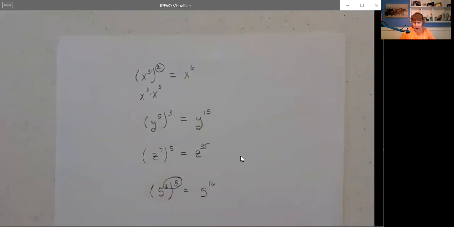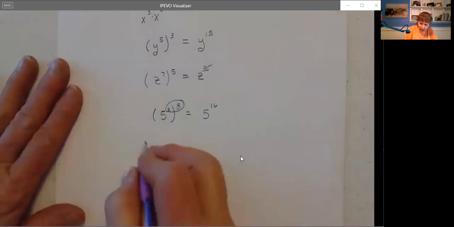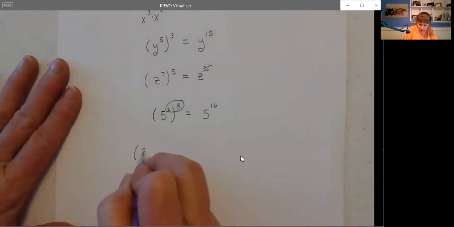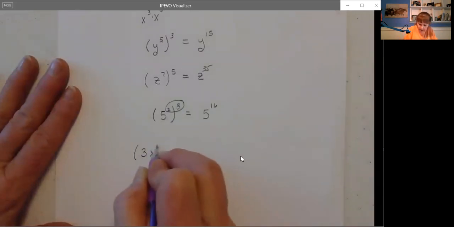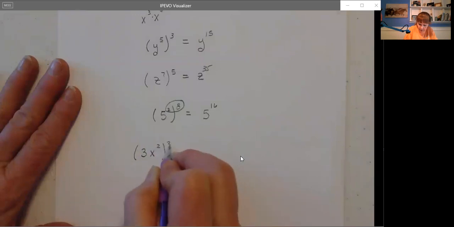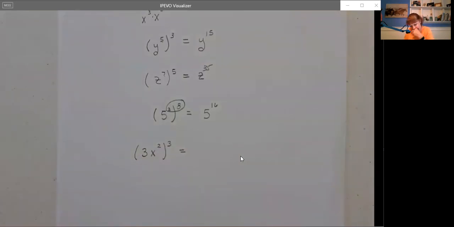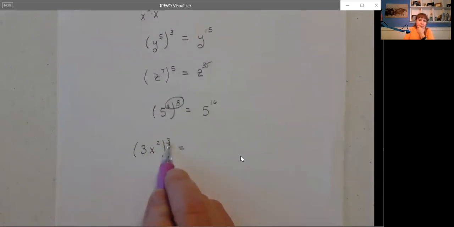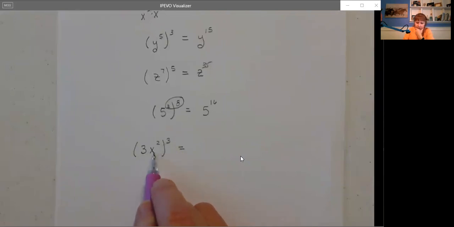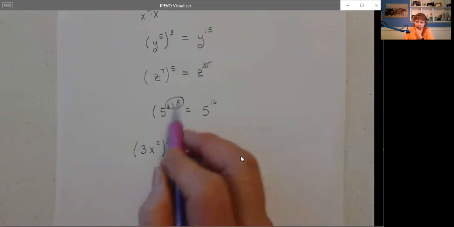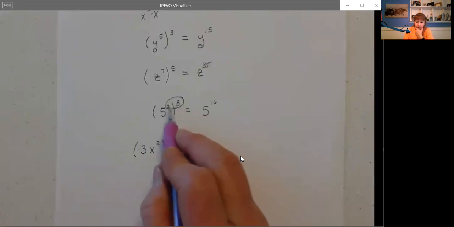All righty. Now let's mix it up. What happens if I have maybe 3x squared cubed? Okay, I have these two things in here. The 3 is being cubed and the x squared is being cubed. Well, I'm going to handle them separately. I'm going to take 3 cubed, but I'm not going to do it like this here.